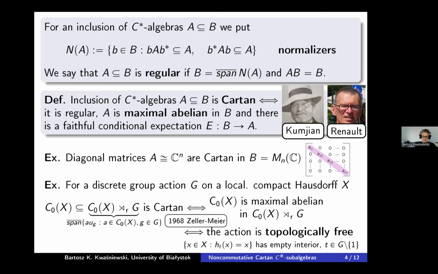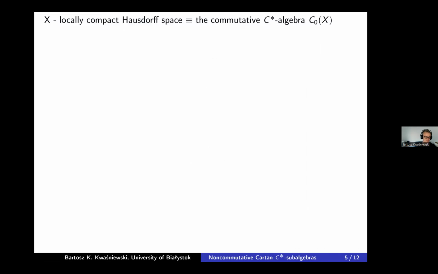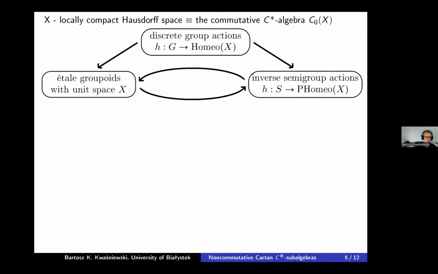And I also plan to discuss this groupoid picture. So maybe I will continue with my plan if there are no questions or suggestions. So X is throughout the talk a locally compact Hausdorff space, which we may also identify with the commutative C*-algebra of functions living on X. So yes, I want to generalize the previous example of discrete group actions on a topological space.